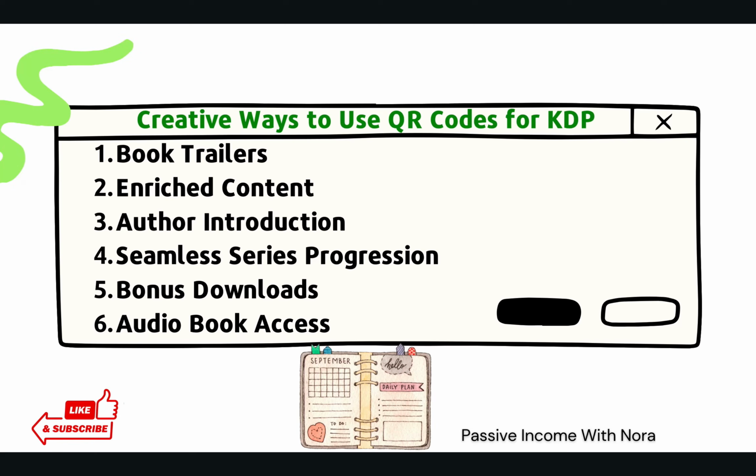If you've created a captivating book trailer, you can use QR codes to link readers directly to it on platforms like YouTube. And the seventh way is enriched content, by offering readers exclusive content like coloring images or photo galleries related to your book, and this will really help to enhance the reader experience.